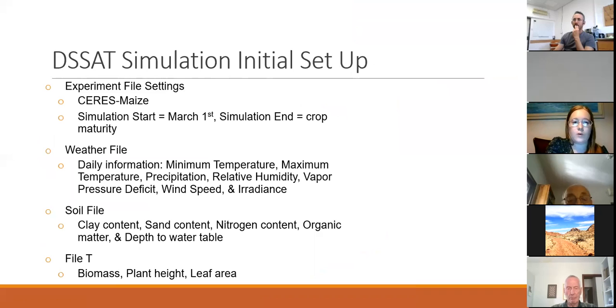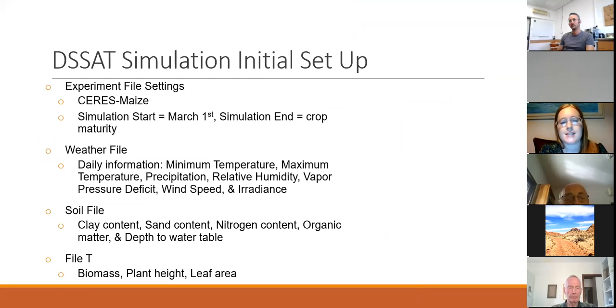So once we have the eddy covariance data calculated and ready, we can work on setting up our DSSAT simulation. In the experiment file, I have it set to Sery maize, which is one of two methods for simulating corn growth in DSSAT.